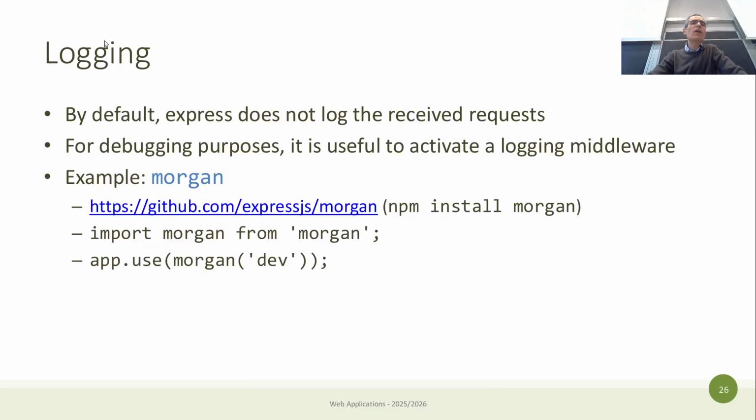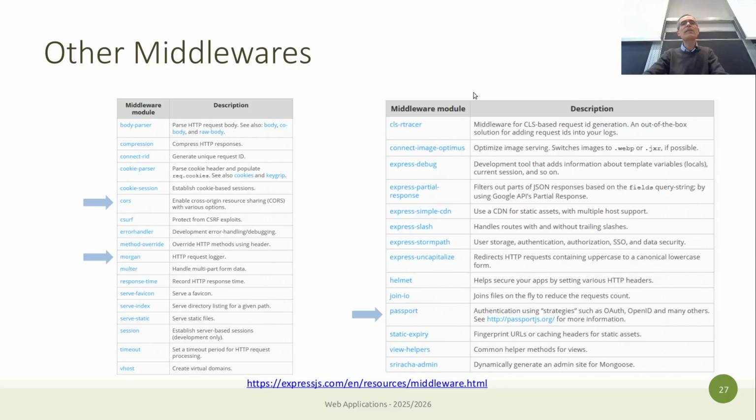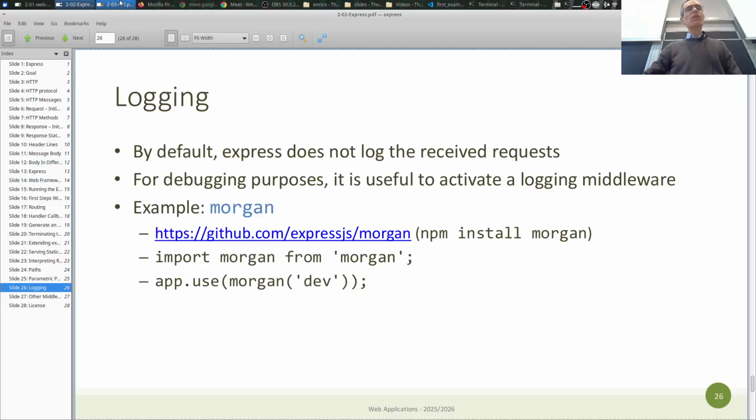Last thing, logging middleware. You already saw it before the break because I took the wrong example, but there's a very useful logging middleware which is called Morgan. Very useful to use, import Morgan, so it's a package to be installed. app.use Morgan with the dev option, so it basically prints everything it receives, okay?